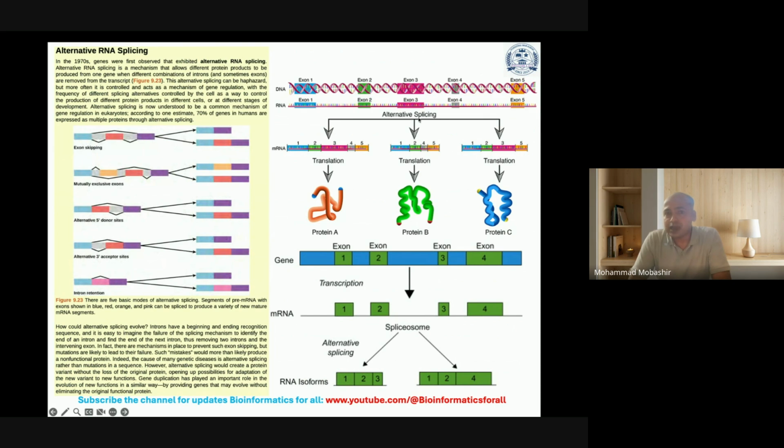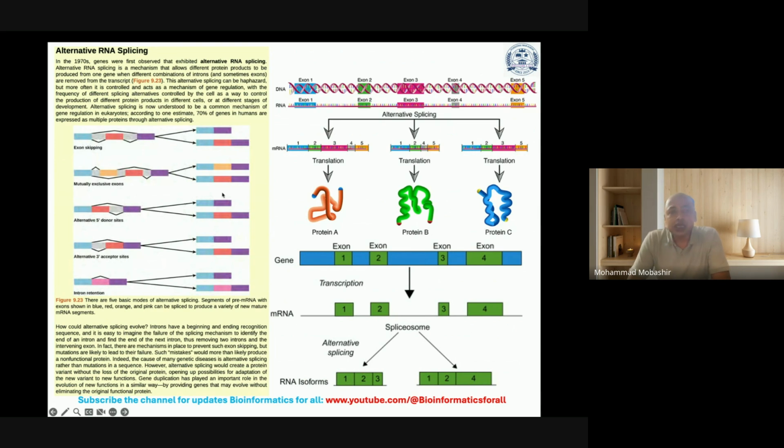Then alternate splicing leads to exon 1, 2, 3, 4, and 5. Then another way of formation after alternate splicing will be exon 1, 2, 4, and 5. Then another possibility is exon 1, 2, 3, and 5. And now there will be different forms of proteins formed. For example, protein A, B, and C.